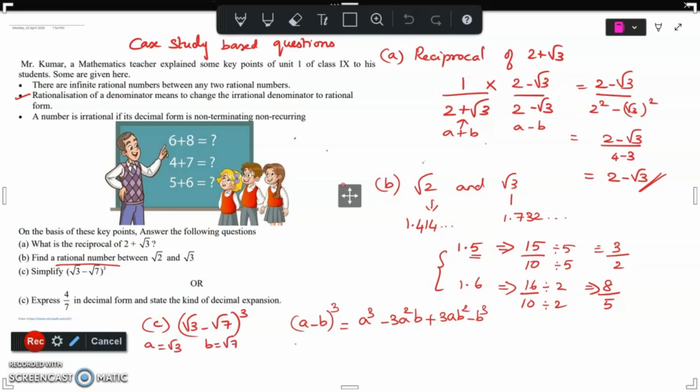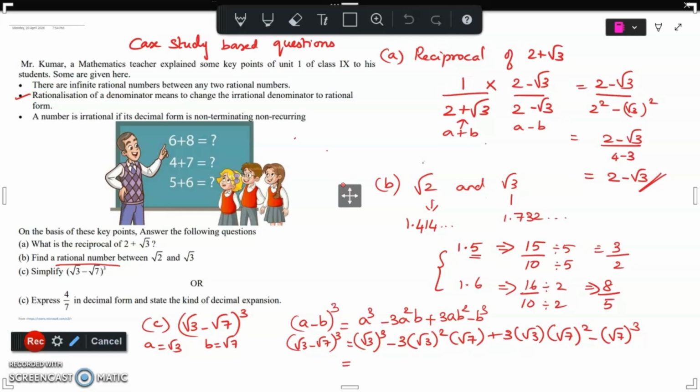Substitute here. So root 3 minus root 7 the whole cube will become root 3 the whole cube minus 3 times root 3 square into root 7 plus 3 times root 3 into root 7 the whole square minus root 7 the whole cube.